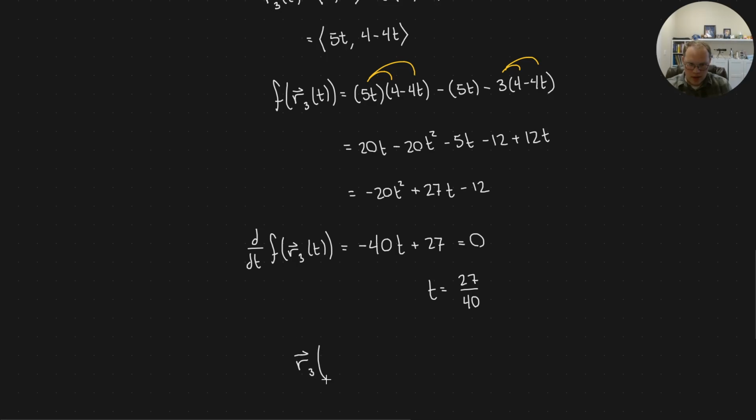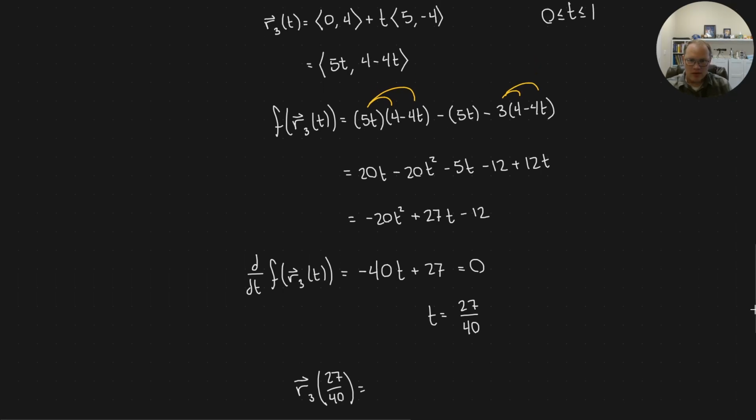So R3 of 27/40ths, I'm going to get, scroll up just a hair. Here's my R3 function, so I want to plug into this. So I get 5t, so 5 times 27/40ths for my first component.